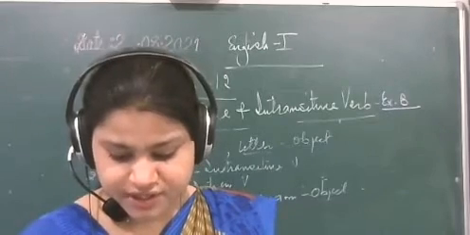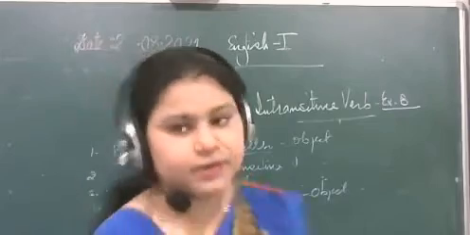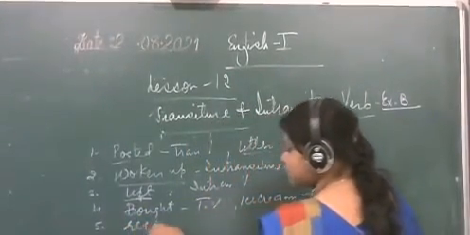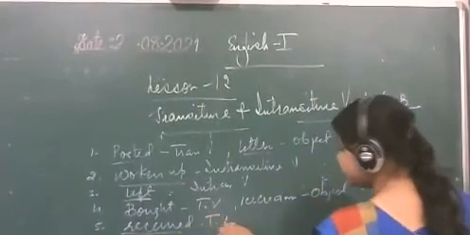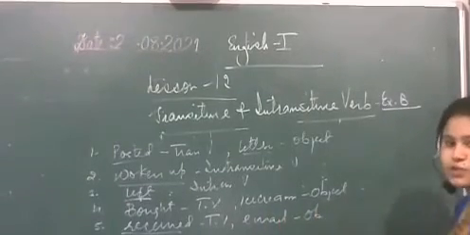For five: she received my email yesterday. So received an email. Number five: received is a transitive verb, then email is the object. Okay.